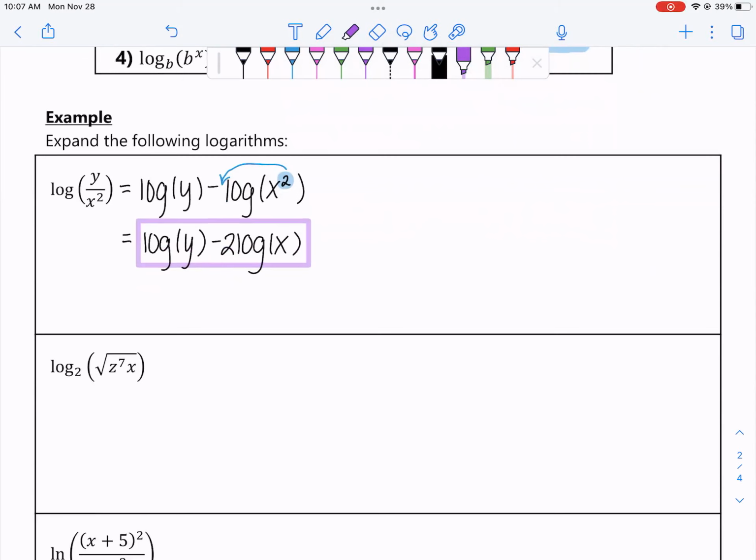Let's look here. So we have log base 2 of the square root of z to the 7 x. I'm going to start by rewriting all of this with rational exponents. With multiplication, we can distribute the square root over both of these separately.